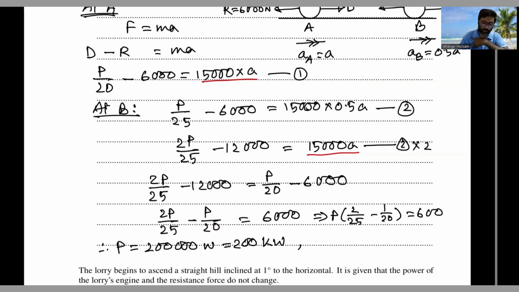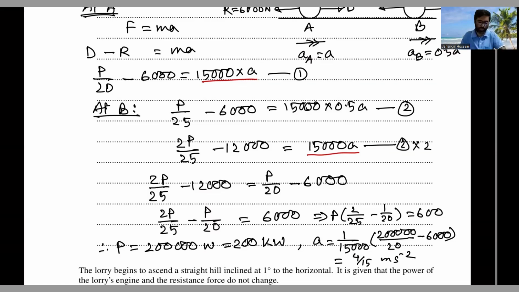Now acceleration will be 1 by 15,000 times (200,000 by 20 minus 6,000). So the acceleration is 4 by 15 meter per second squared. That's the value of P and the value of the acceleration.